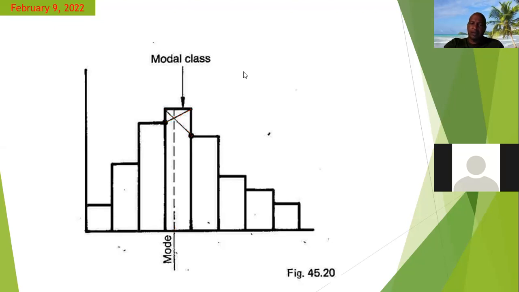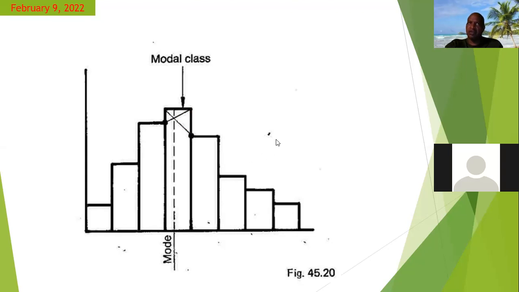All right, so that's how we find the mode using the frequency distribution. First you would get a table with the classes and the frequency. Then you would have to construct the histogram. Either way, you have to construct the histogram.